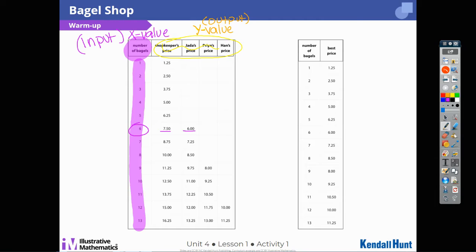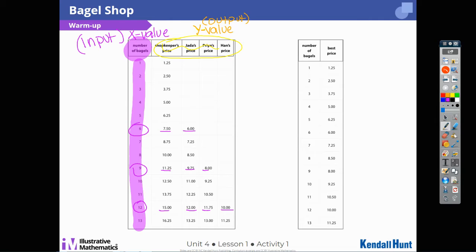But if I buy the 6-pack of bagels and do it Jada's way, I'm only going to pay $6. And then when we get down here to 9 bagels, you can pay $11.25, $9.75, or $8. If you buy a 9-pack, they're even cheaper at $8. And then 12 bagels, you have another decrease because a 12-pack only costs $10.